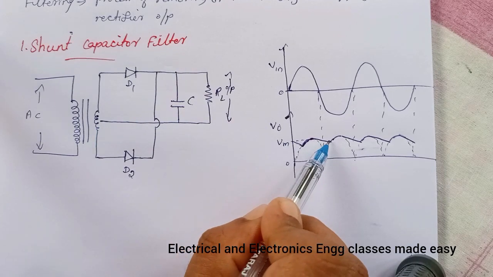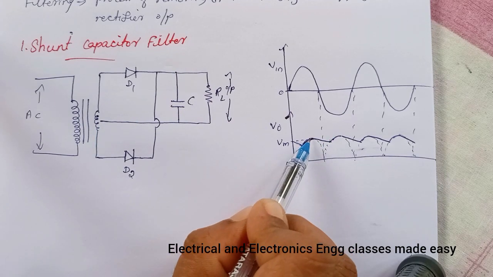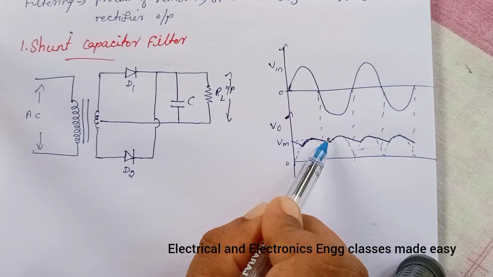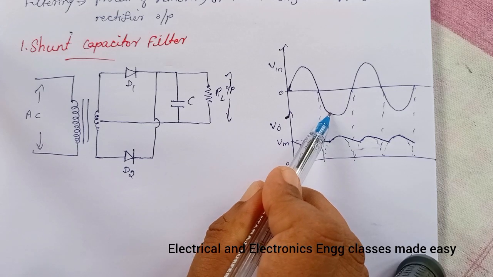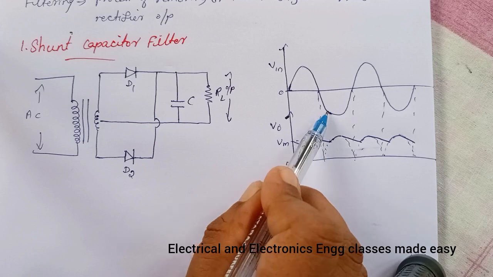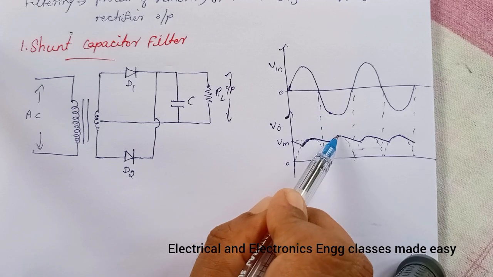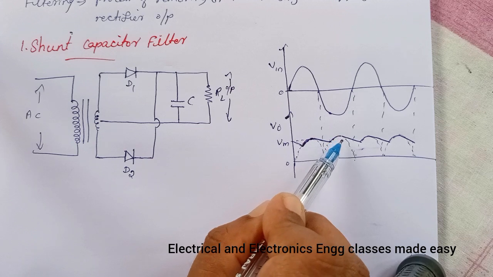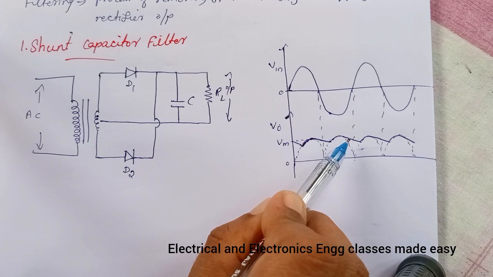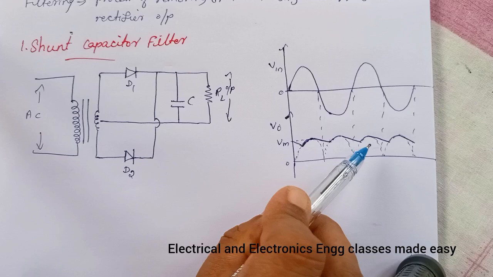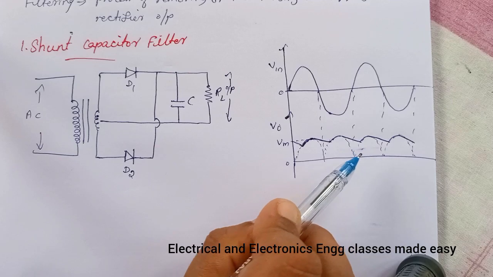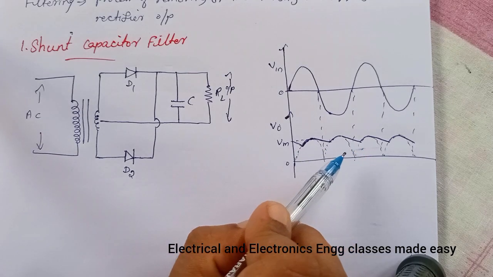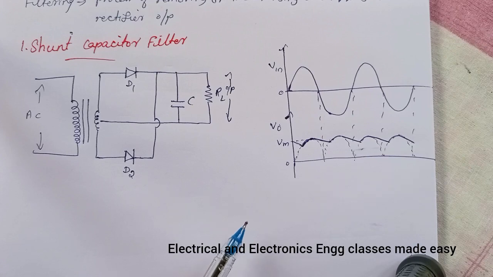So this is the discharging period. The capacitor charges at this point again, and the cycle repeats, and thus the fast varying rectifier output voltage gets smoothed to a low rippled voltage.